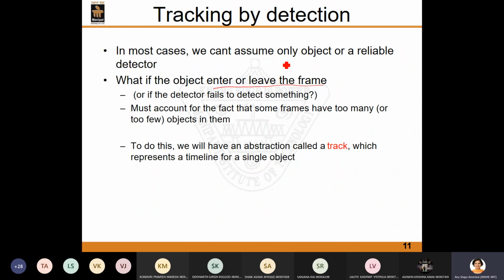For example, if you have a video sequence, these are different images, you have an object here, then in the next frame it went here, then in the next frame it went here, and probably it went out of the frame in the fourth one, and then maybe after a few frames it started coming back again, for example if it's descending. So there are chances where you may not have the object visible throughout the whole video.